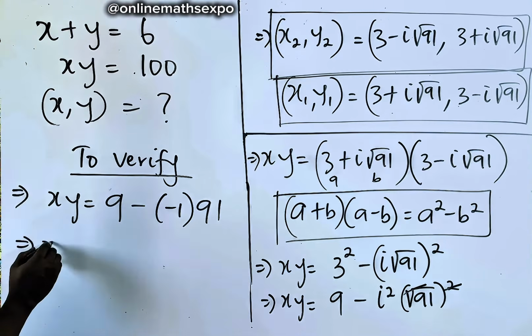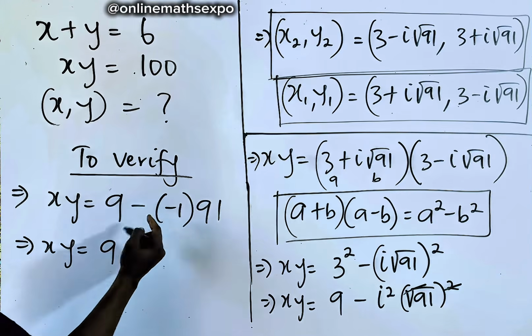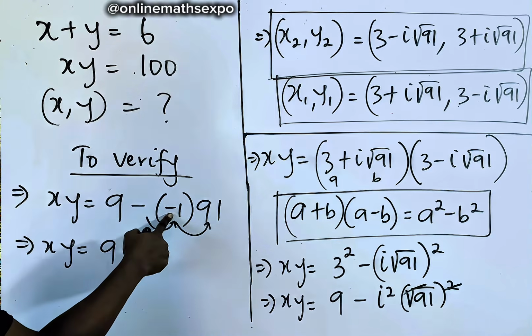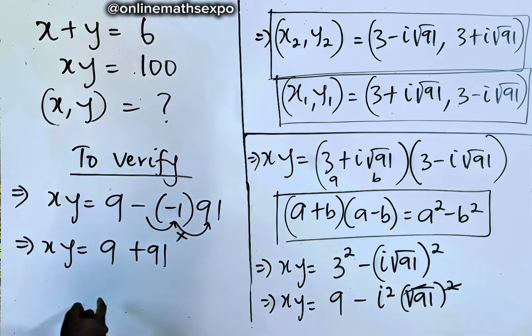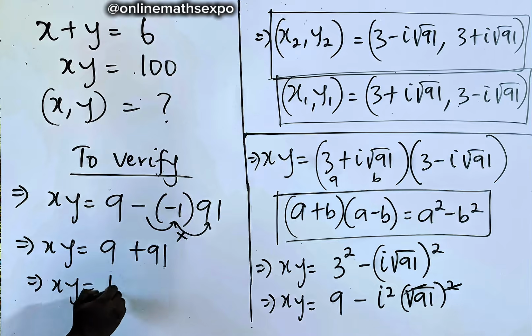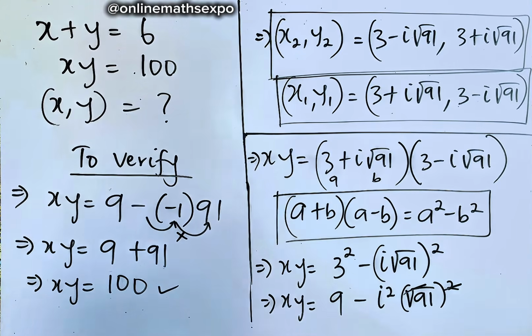This is the same as xy is 9, this will multiply this, and also multiply this. When you multiply, it's positive 1, and times 91 gives you positive 91. And when you add this to 9, it gives us 100. And that is what you have in the second equation.